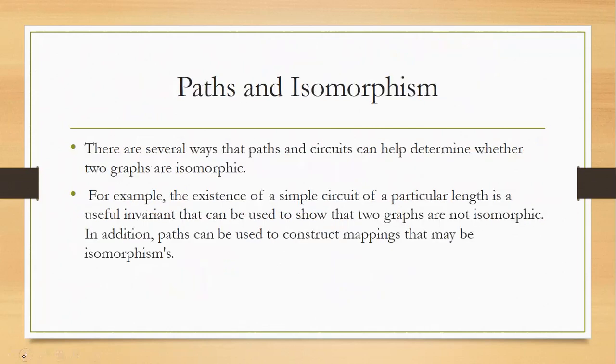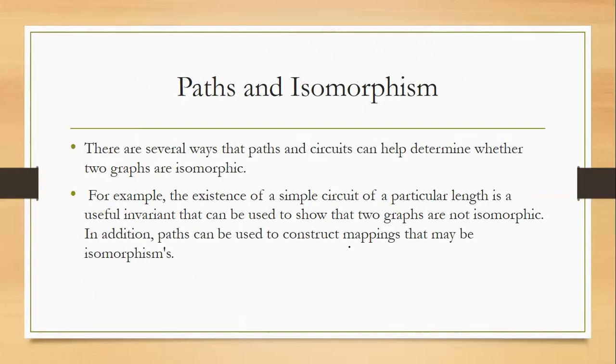Now after that, we have paths and isomorphism. There are several ways that paths and circuits can help determine whether two graphs are isomorphic. For example, if we have a simple circuit of a particular length in one graph, then we can show that two graphs are not isomorphic.